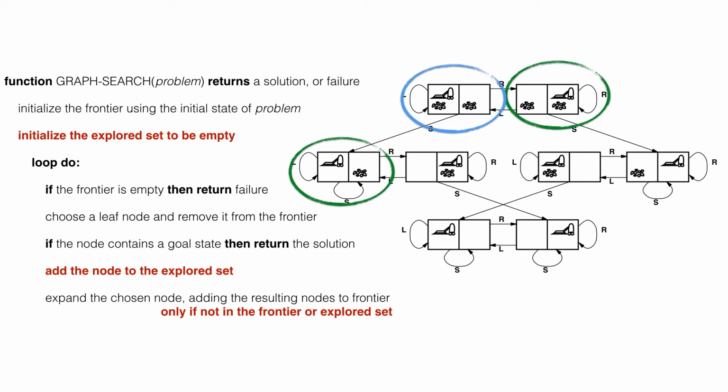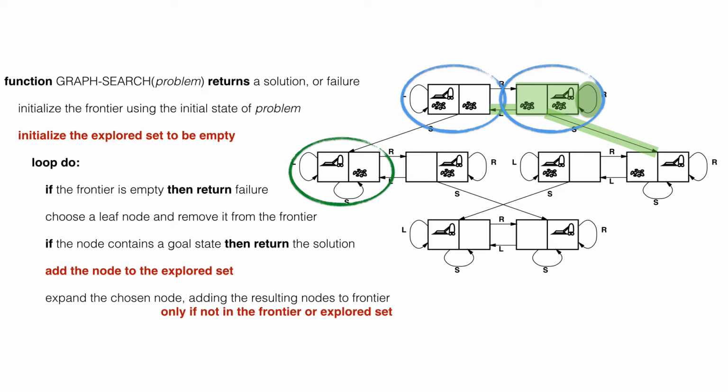Okay, so this continues. Now this is our frontier, and let's say we grab the right node. This is now our current state, and we repeat. We again add that to the explored set, marking that we visited it, so we don't want to go back to it. And we look at what the possible actions are from here. Well, we can go left, we can go right, or we can activate the suction.